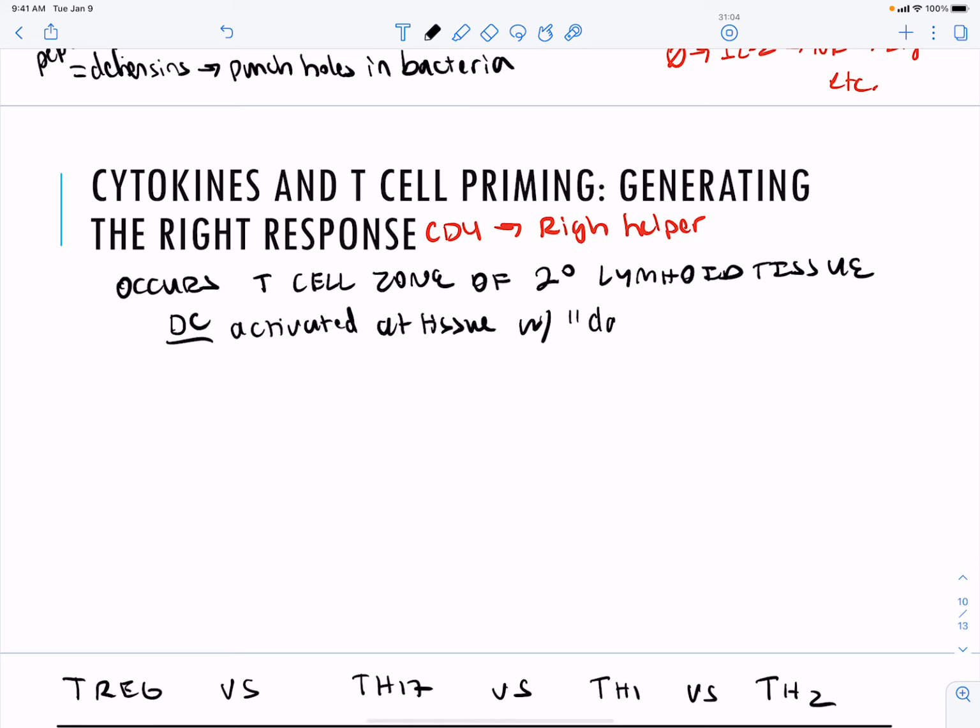Danger. And this is going to increase CD80, 86, also called B7, and it's going to increase ICAM. Now remember, ICAM is intercellular adhesion molecules.